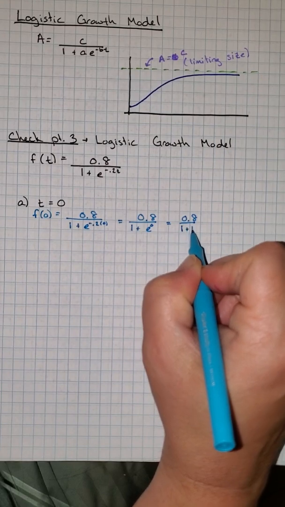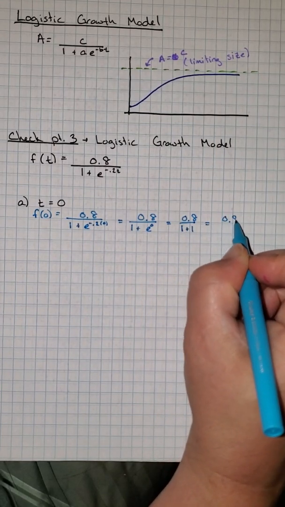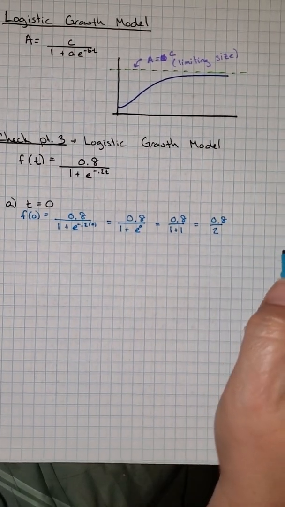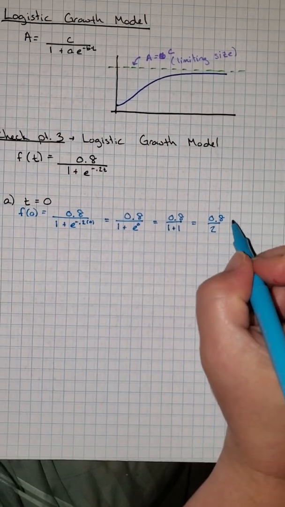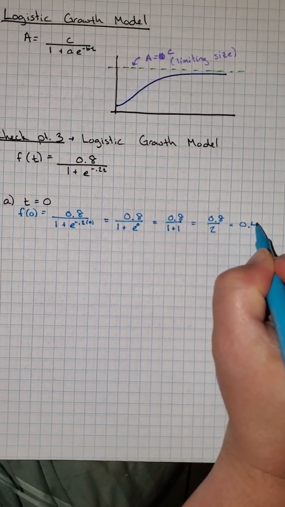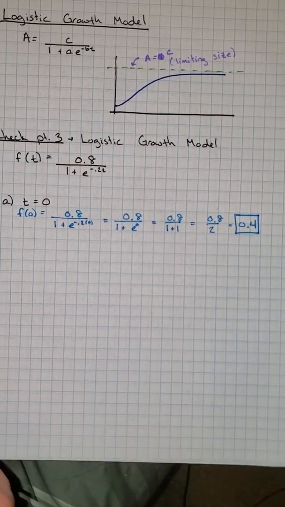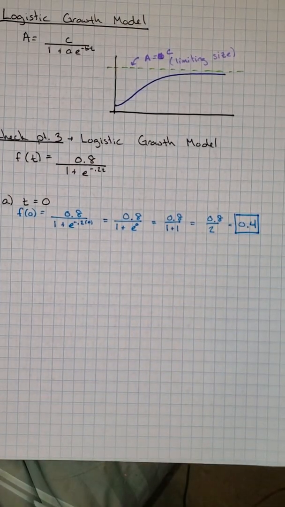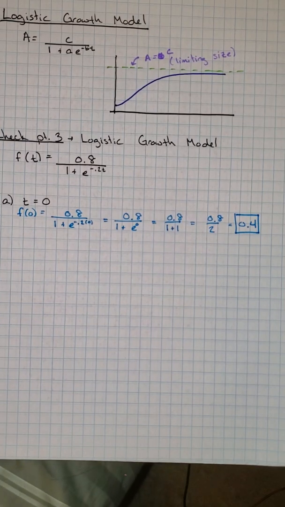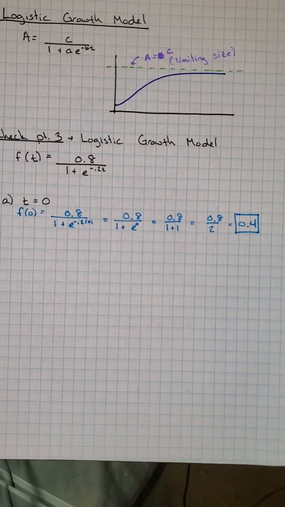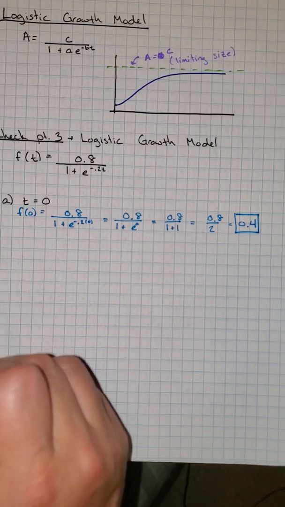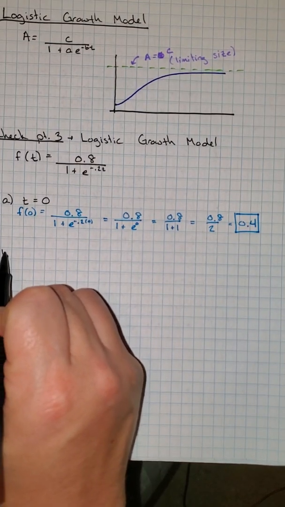Anything to the 0 power is 1, so you have 1 plus 1. 0.8 divided by 2 would be 0.4. So prior to learning trials taking place, 0.4 would be the amount of correct responses that you would expect to get.